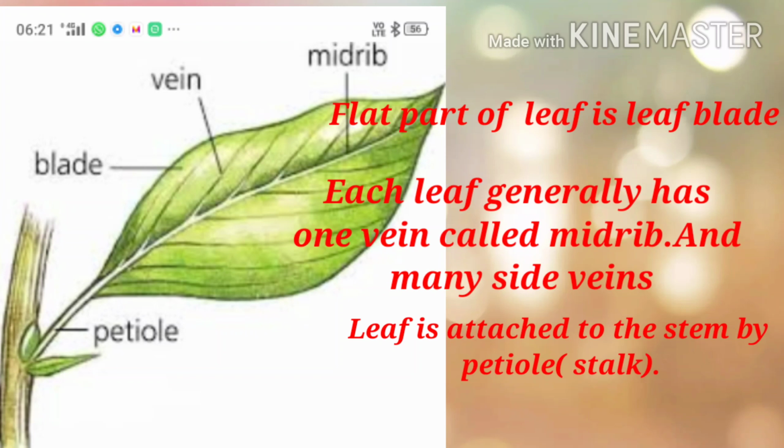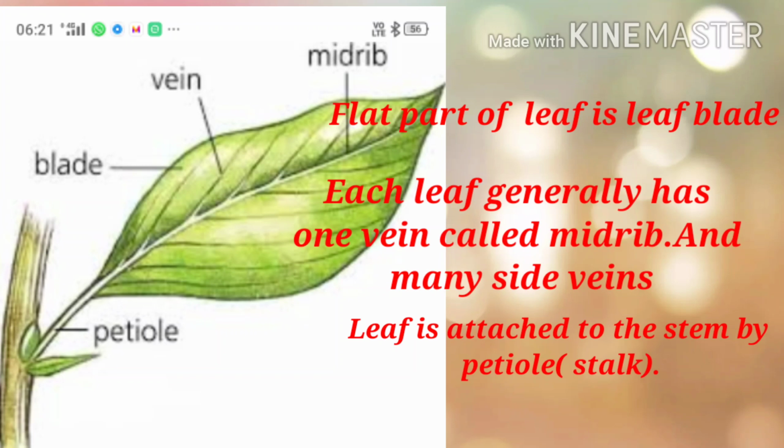Okay, the flat part of the leaf is the leaf blade, and the leaf is attached to the stem with the help of a stalk.